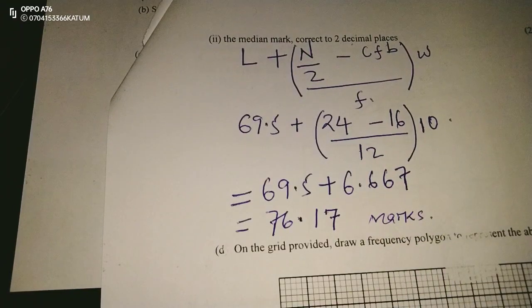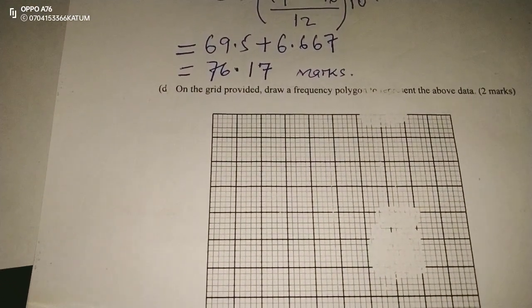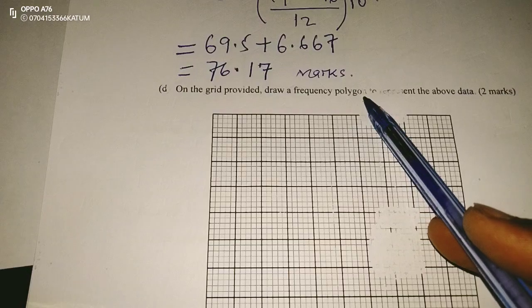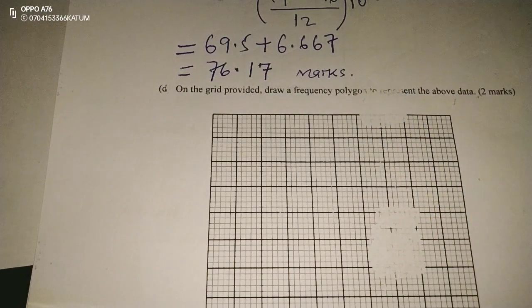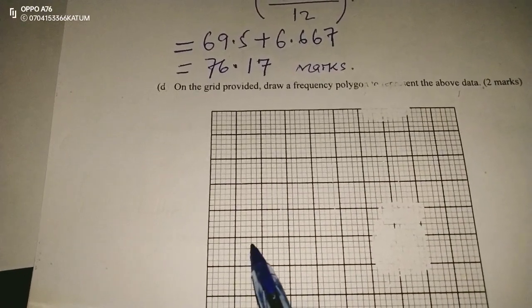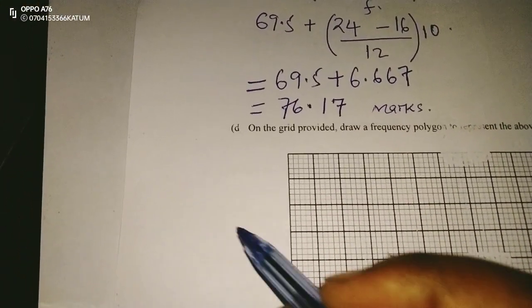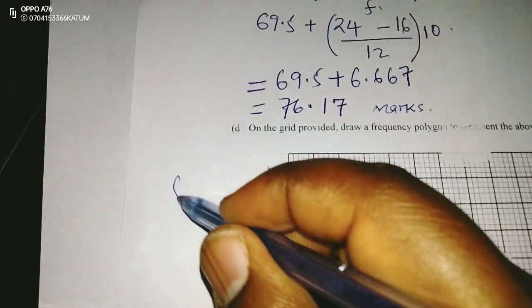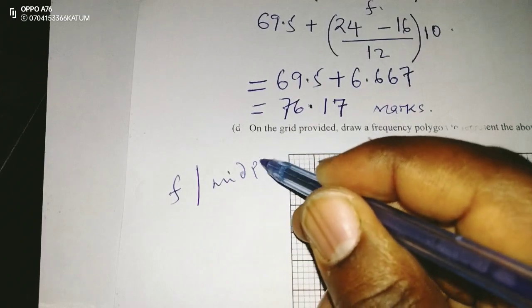And finally, we are told on the grid provided, draw a frequency polygon to represent the above data. For a frequency polygon, we usually plot what we call frequencies against midpoints.